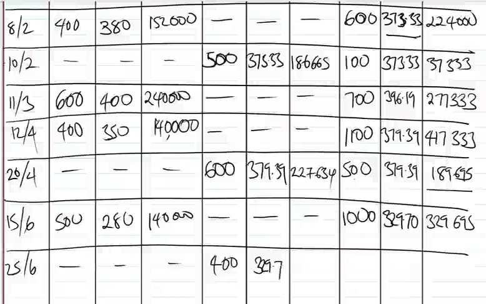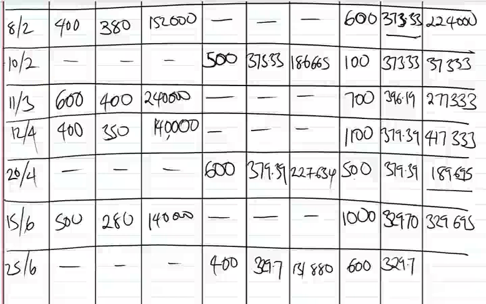If you multiply 400 times 329.7, you'll find 131,880. That means now our balance will be 600. 1,000 minus 400 that we have sold, 600. 600 will be based on the recently calculated weighted average.